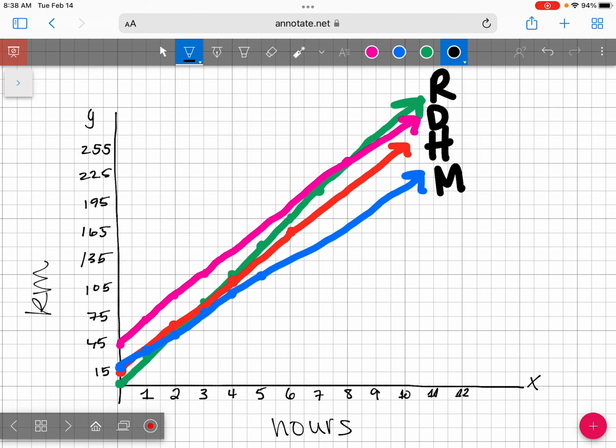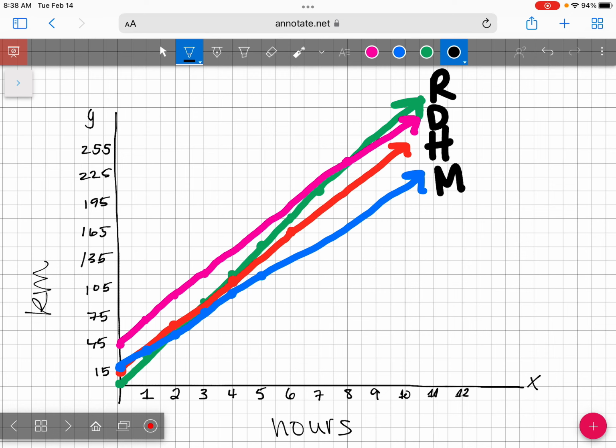Anyone have an estimate? Between 210 and 215 kilometers, which is about, if we look, between 8 and 9 hours.